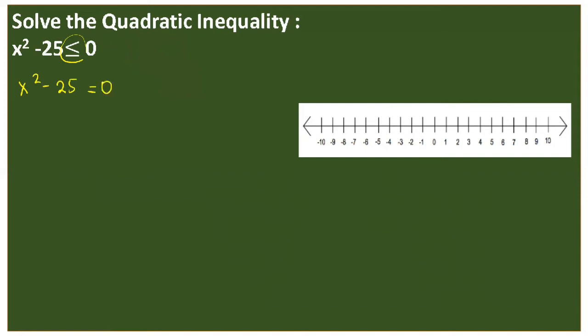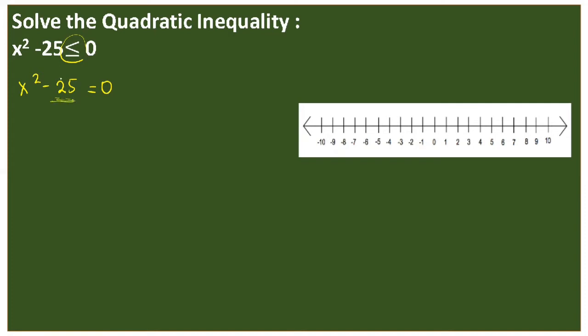Now, we will use the methods or ways applicable to our equation. If we are going to observe, quadratic formula can be used also, and extracting the square root, because 25 is a perfect square.